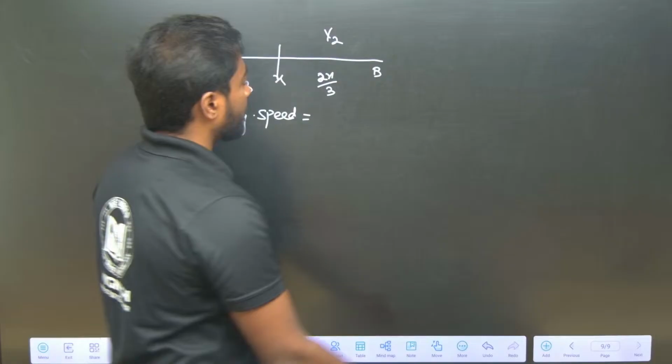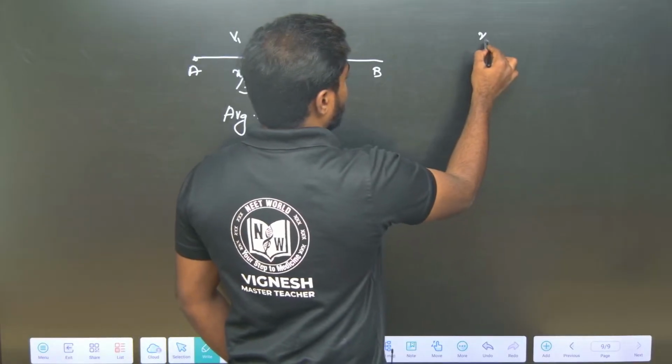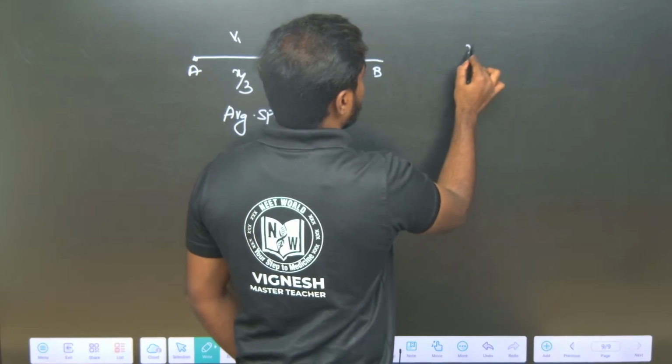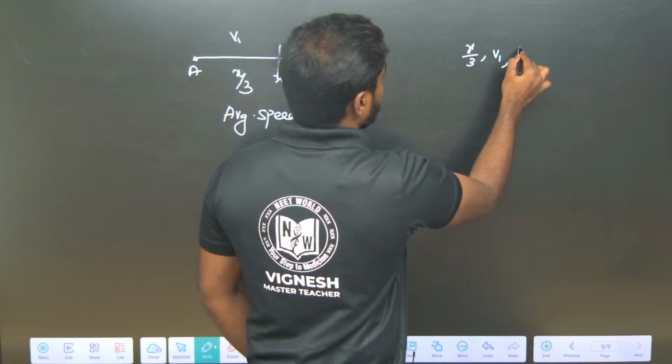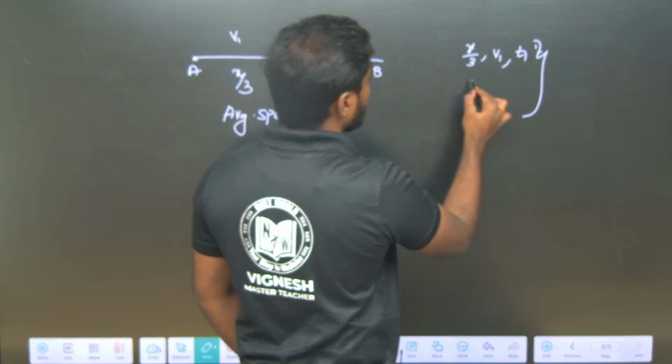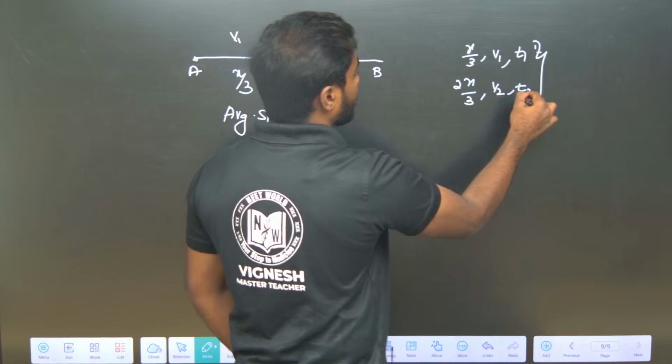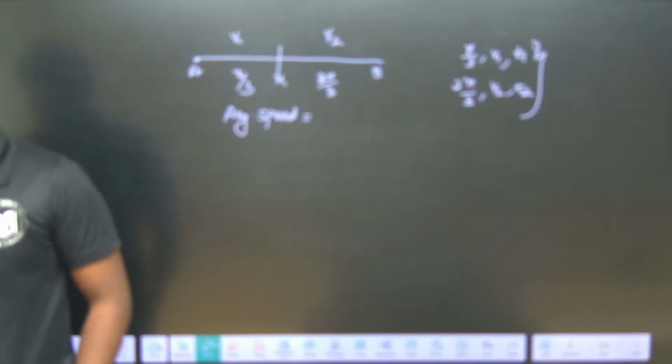So let me write here, x by 3 with V1 and T1, and the remaining 2x by 3 with V2 and T2, right?